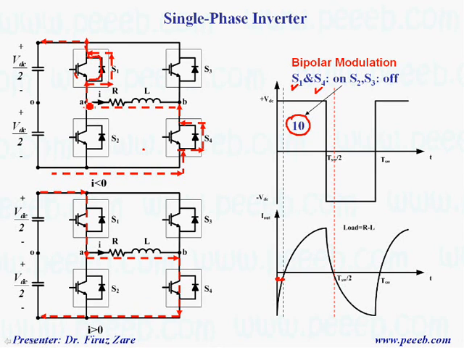So this terminal is connected to plus VDC, and this diode also conducts, so this terminal is connected to minus VDC. Here we can see that the output voltage is positive VDC while the current is negative. That means this is the current loop.